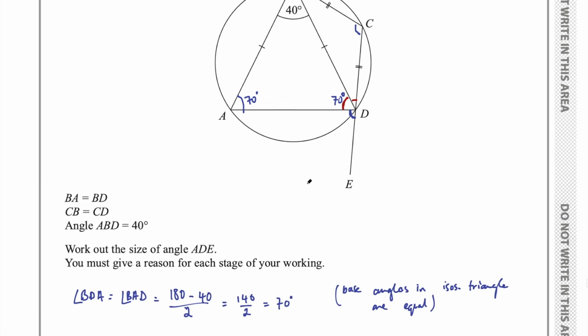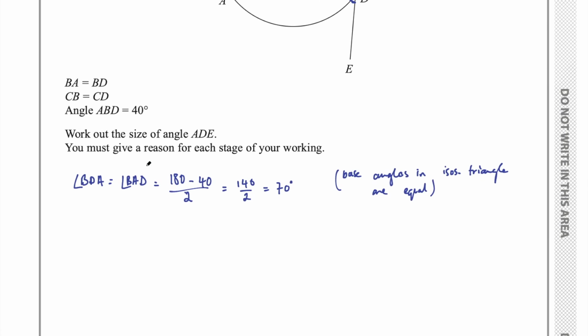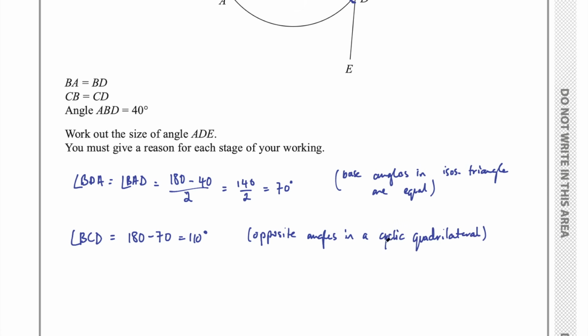So I can find angle BCD using that idea. So angle BCD is equal to 180 take 70, which is 110 degrees. This is opposite angles in a cyclic quadrilateral, and this is one of the circle theorems you need to know.